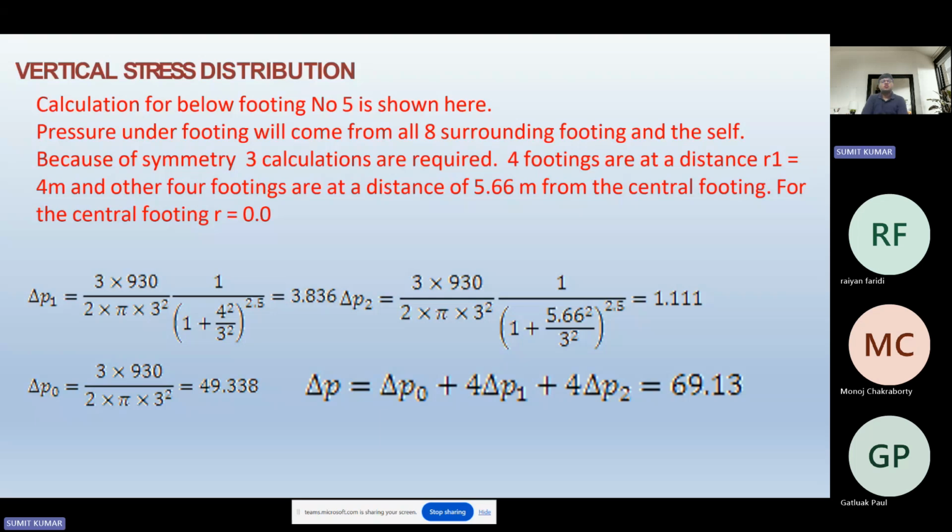Okay. So now you see the vertical stress distribution. The next question says that the calculation is for below the footing number 5. Okay.